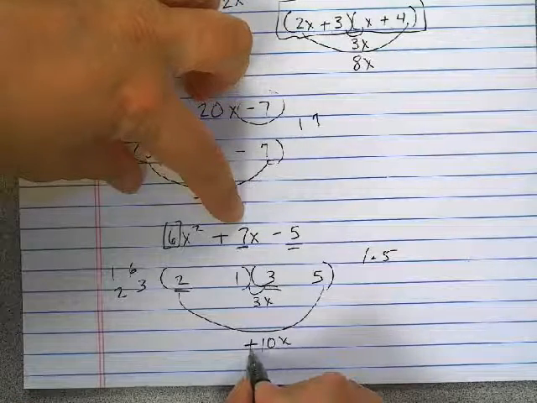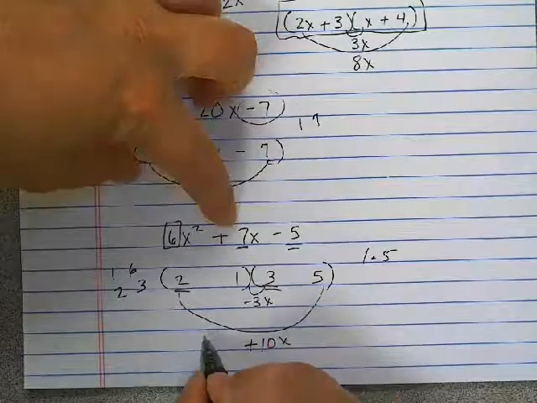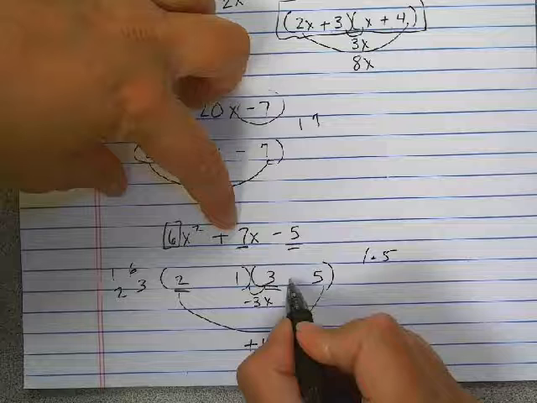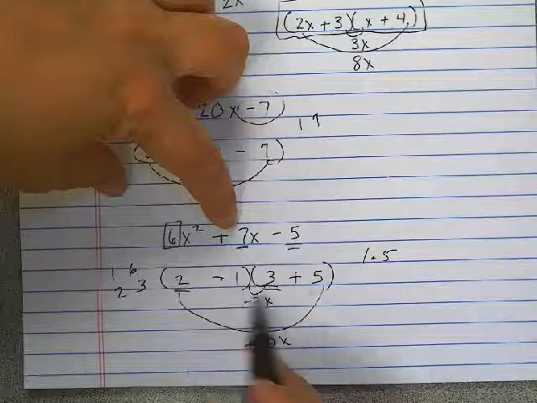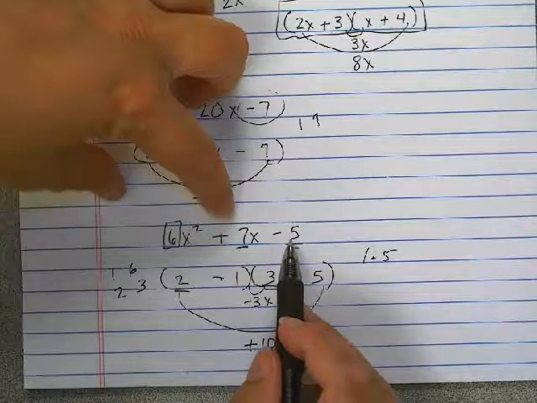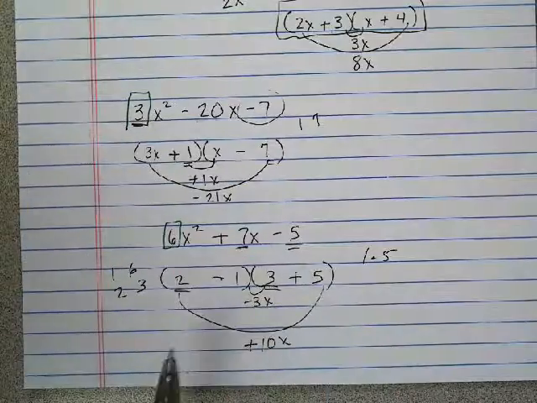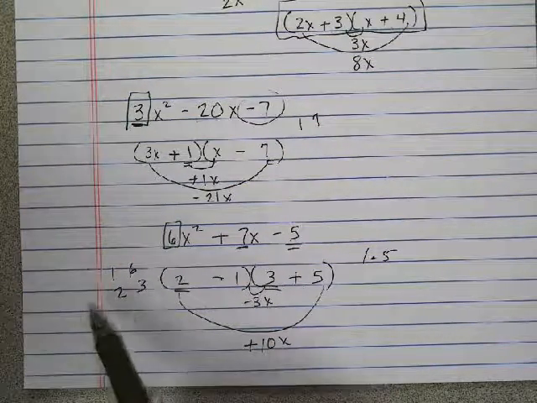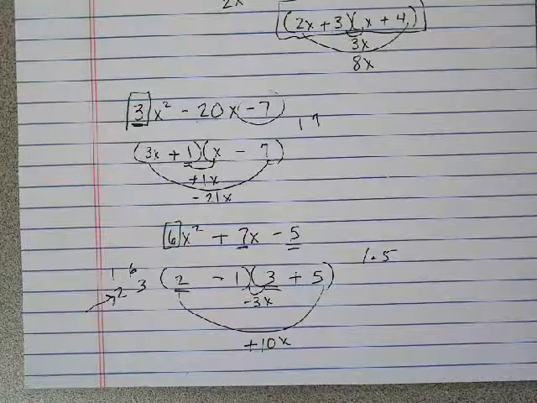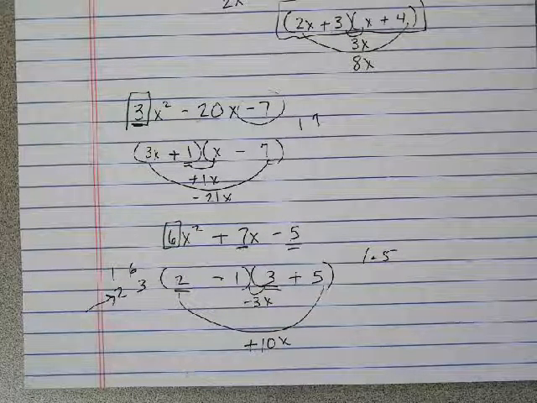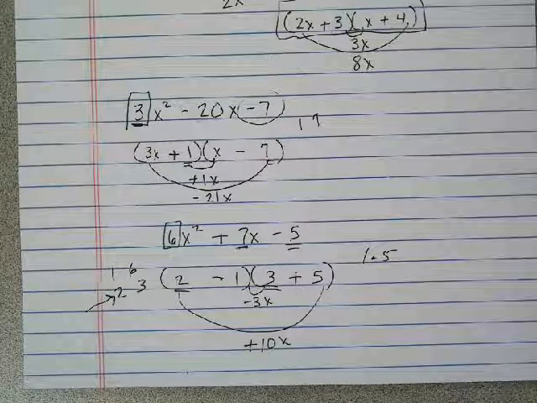If I put a plus 10 and a minus 3, that would be a plus 7. So I'm going to put plus here and minus here. Would negative 1 times positive 5 give me negative 5? Yes. Here's a little hint. Typically, the numbers that are going to work are going to be the ones that are close together. So if I'm doing guess and check, I'm going to try those first.